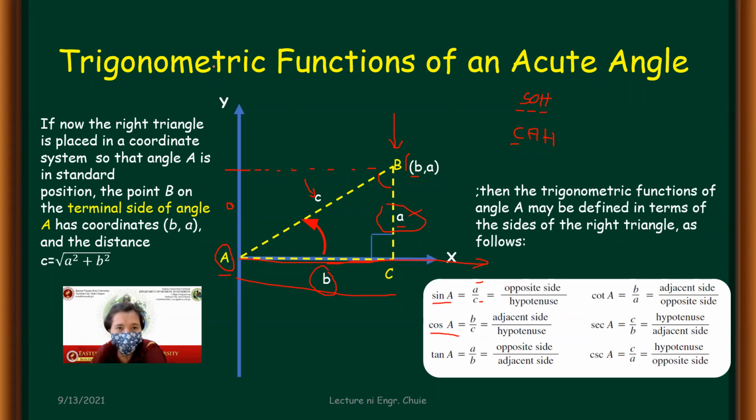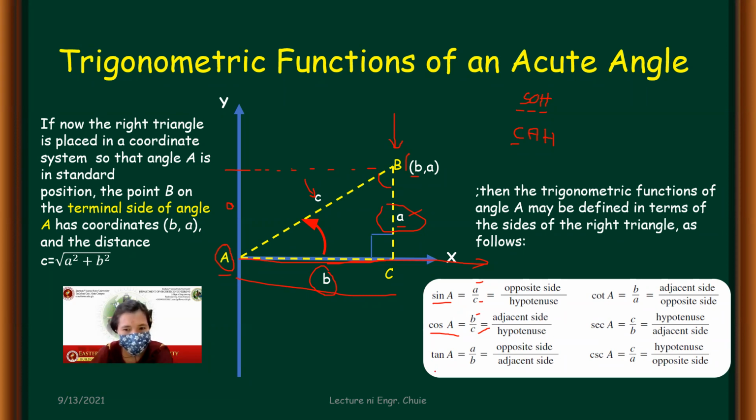So we have B, correct. So the adjacent of A is B over C. We denote it as B over C, that is the adjacent side over hypotenuse.